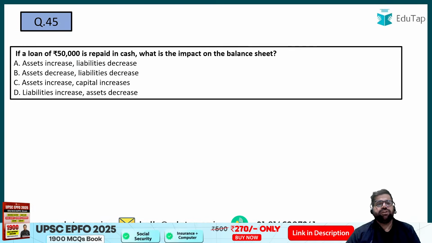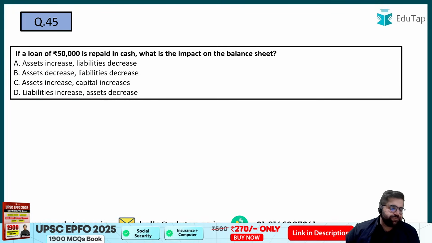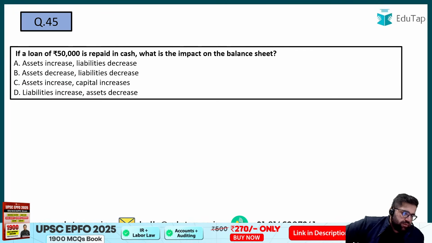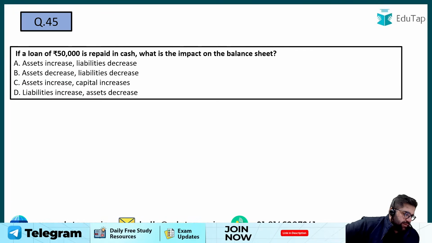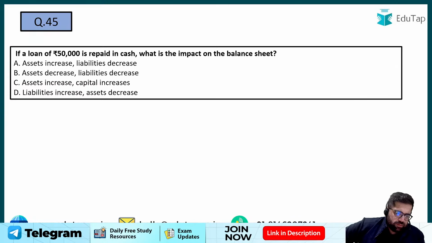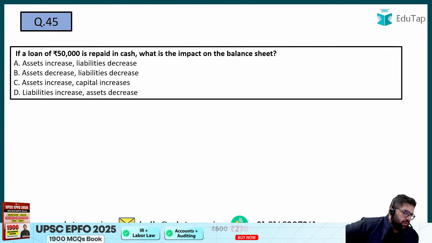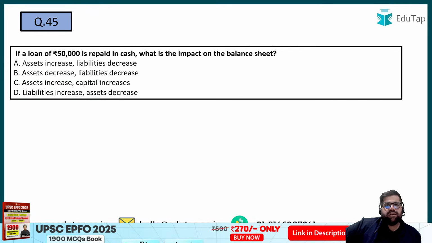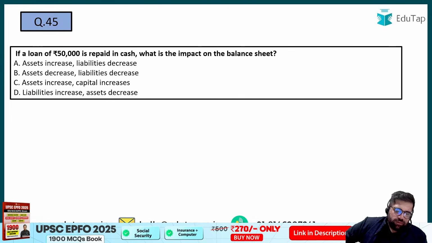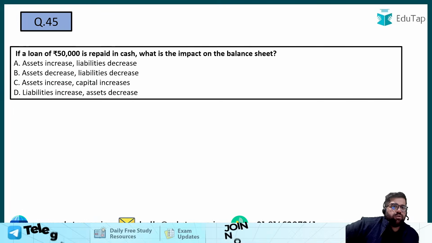Cool. Next question. Question number 45. Surplus can also come if it's profitable. Yes, profits will be added to your equity capital. So surplus can also come. Question number 45.